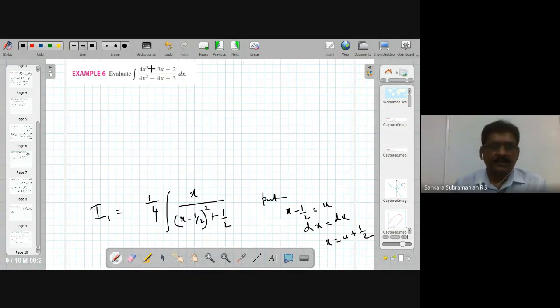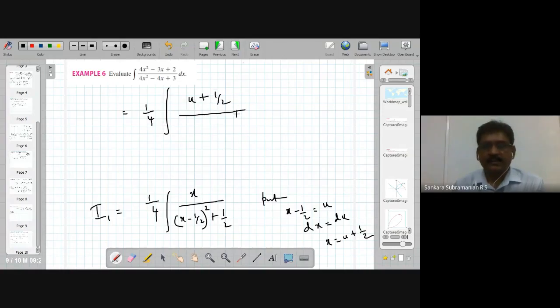So this integral I1 becomes 1 by 4. Okay, fine. Instead of x, you have to put u plus 1 by 2. And this x minus 1 by 2 is u. So this is u square plus 1 by 2. And here you have dx, which is missing, right? And dx is equal to du.